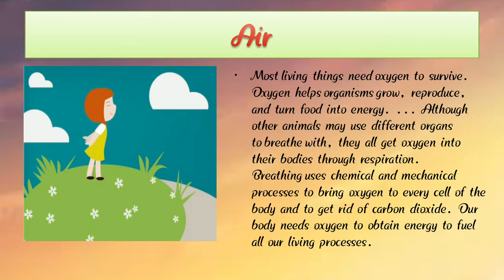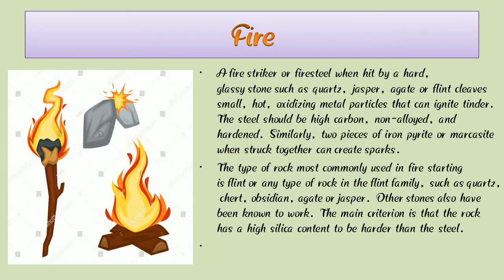So now next, what is this? It is a fire. Here we can see a photograph of fire, and two stones are struck together and rubbed, and that produces fire. A fire striker or fire steel, when hit by a hard glassy stone such as quartz, jasper or flint, produces small hot sparks.